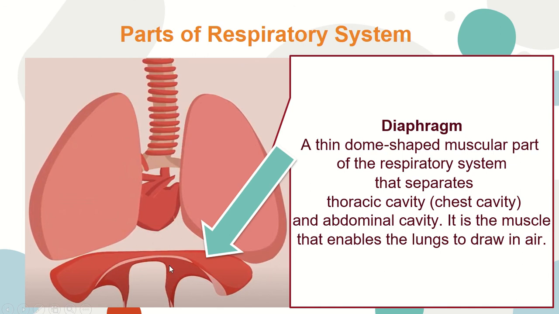When we say abdominal cavity, it's the digestive system, the small and large intestine, and the accessory organs such as the pancreas and gallbladder. It is the muscle that enables the lungs to draw in air. So ito yung parang pinaka-support ng ating respiratory or ng lungs.